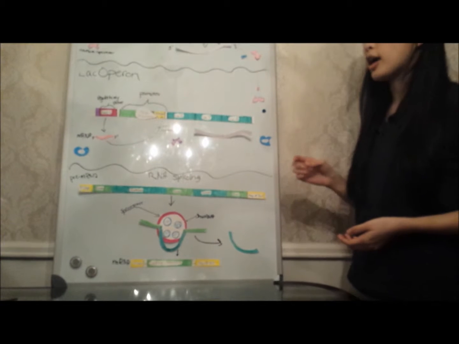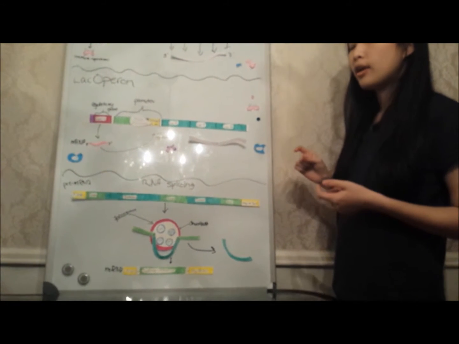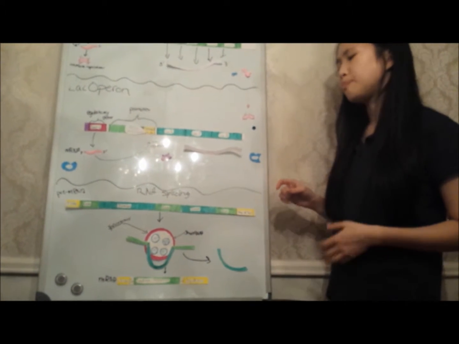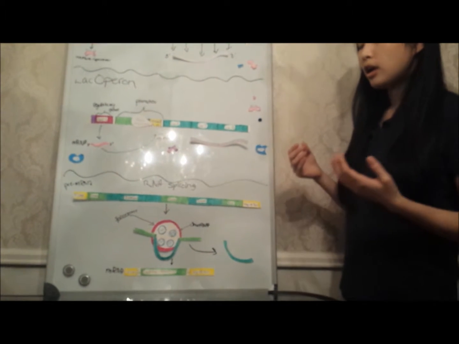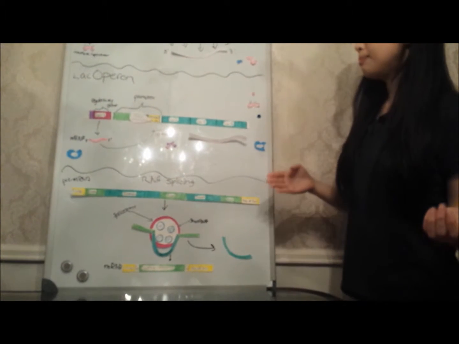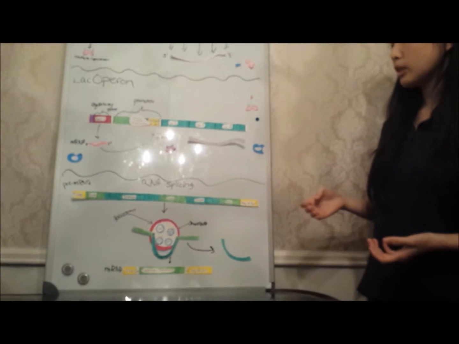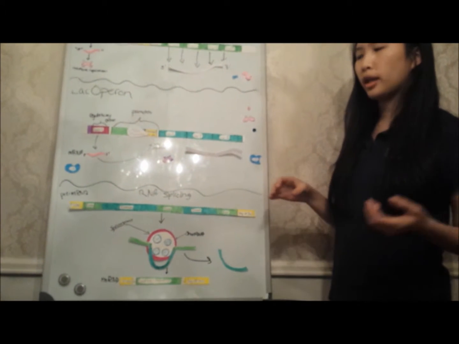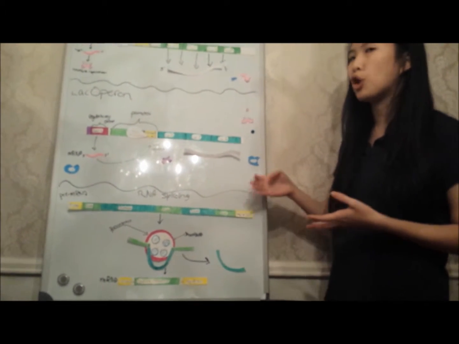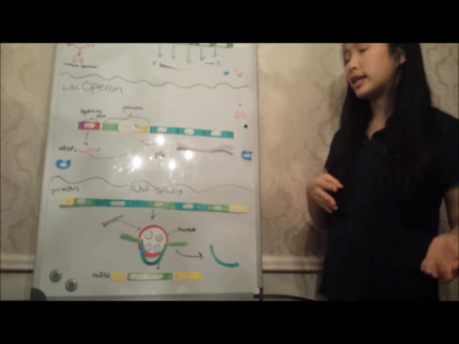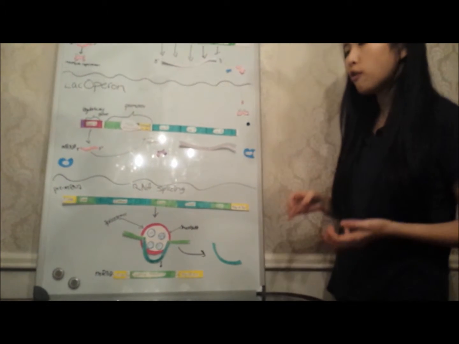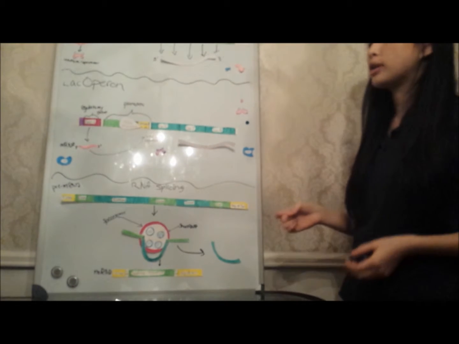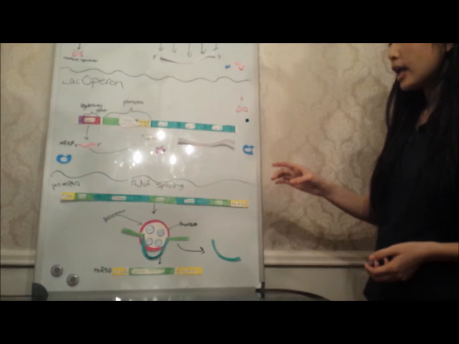Introns are non-coding segments of the mRNA and are not necessary in the translation of proteins. So the introns must be removed before the mRNA is able to go out into the cytosol and be translated into proteins. And the removal of introns is done by a complex known as a spliceosome inside the nucleus.